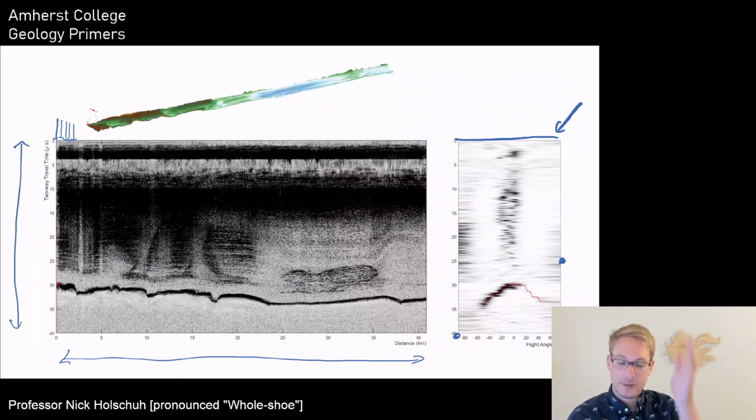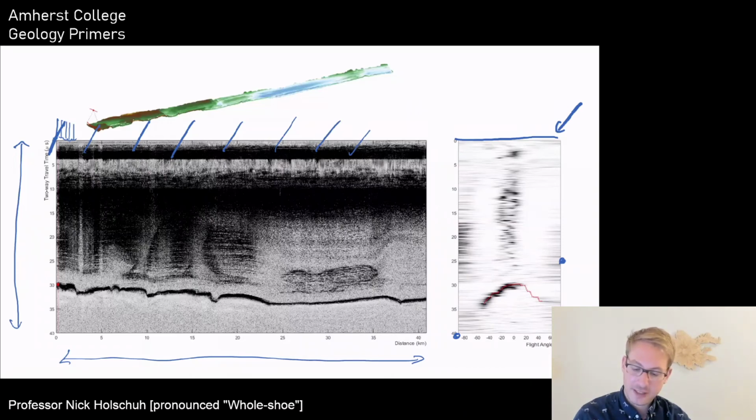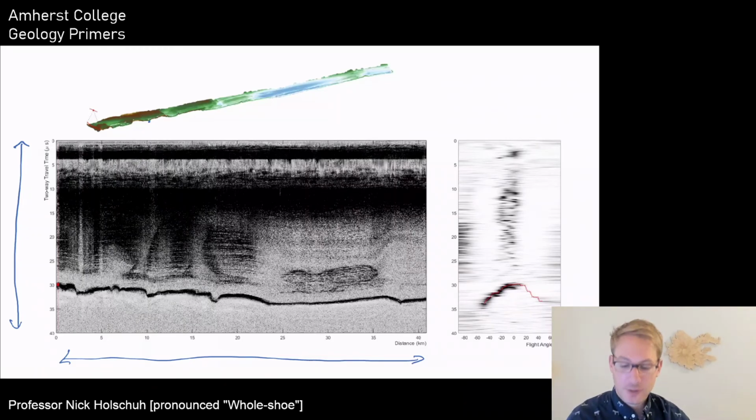And so you can think about this as a slice. And we can take lots and lots of slices that are perpendicular to this image and start to produce a three-dimensional topography. So if I set this animation in motion, turns out this isn't an animation, but you can see that as we were to fly along, we get a bunch of these cross-track images that are showing us where we're getting reflections off the base of the ice from the left, where we're getting reflections off the base of the ice from the right.